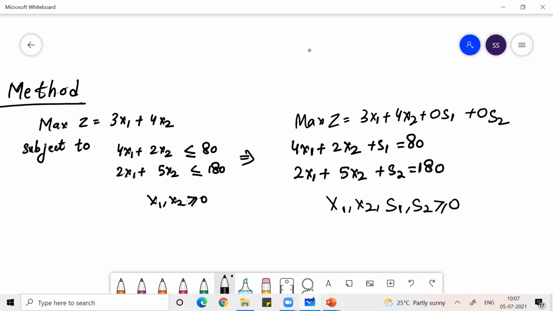Depending upon the number of constraints, we use that many slack variables, and those slack variables should be non-negative, with their value greater than or equal to 0. The objective is to make the left hand side of the equation equal to the right hand side. Done, everyone? Can I go ahead?